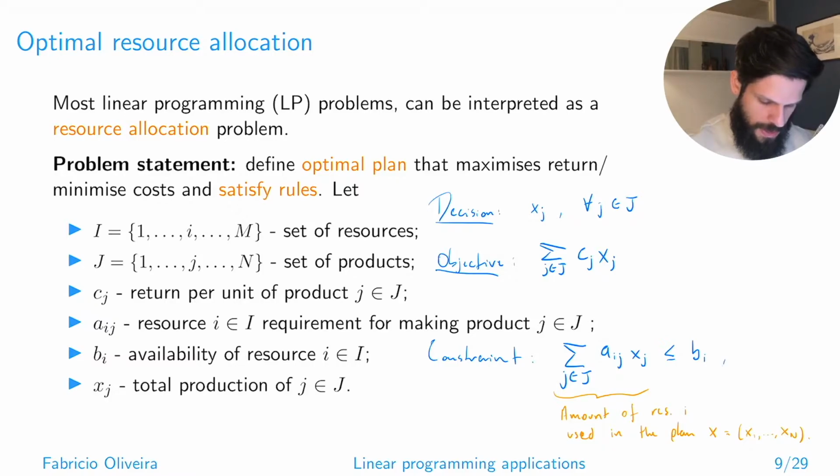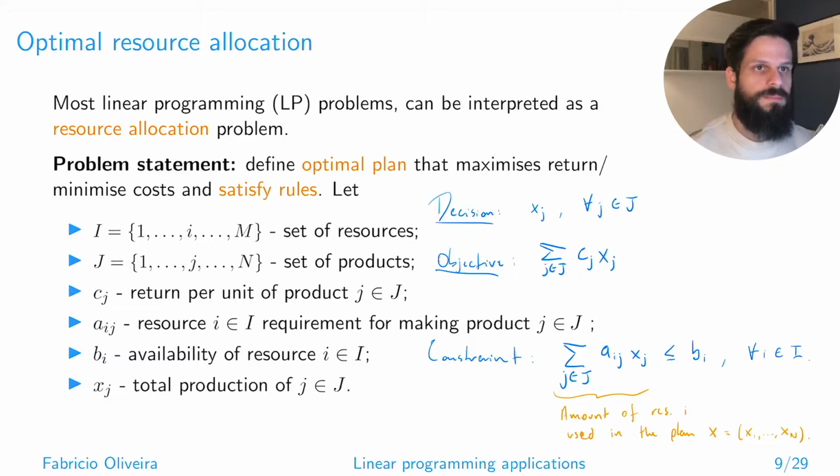And that has to hold for every resource I am considering. And that's all I need to write my optimization model. That's how I state a resource allocation problem in a math programming setting.